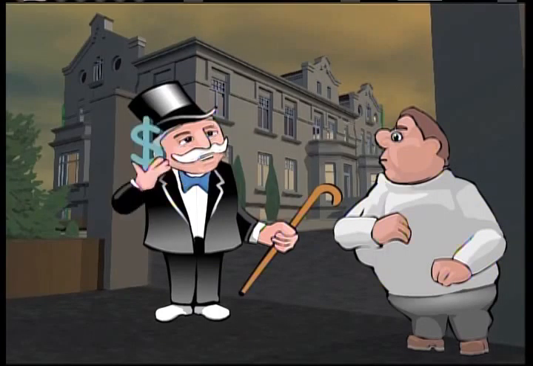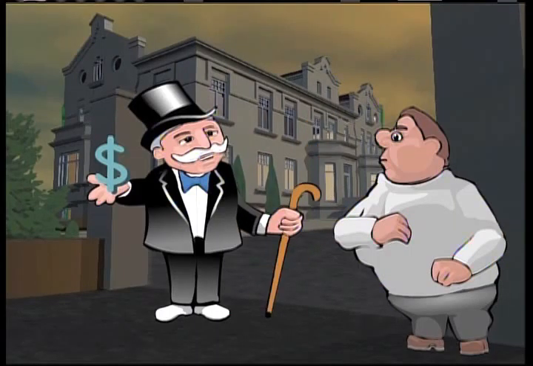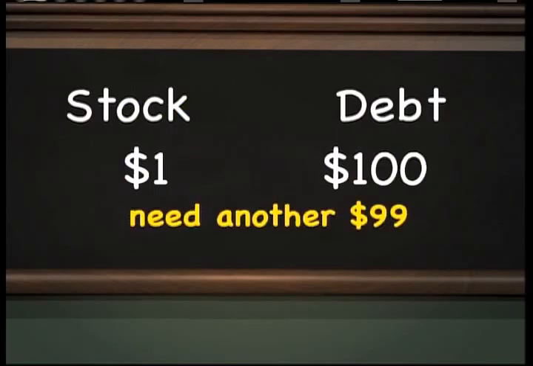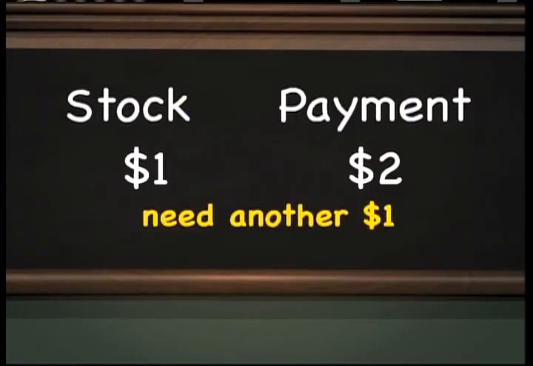If I, the rich guy, lend you $1 and that was the only dollar in existence, the stock, could you pay me back $100? Well, if it had to be paid in one lump sum, no. That other $99, the interest on the loan, would be impossible to pay. It would be impossible to pay even in $2 payments, because there is only $1 in existence.